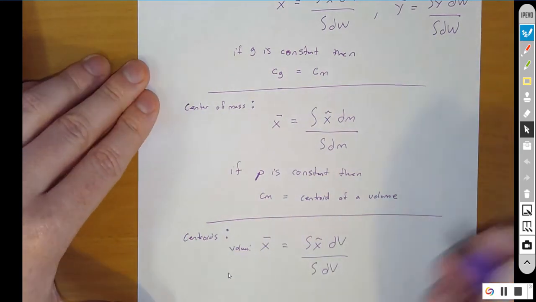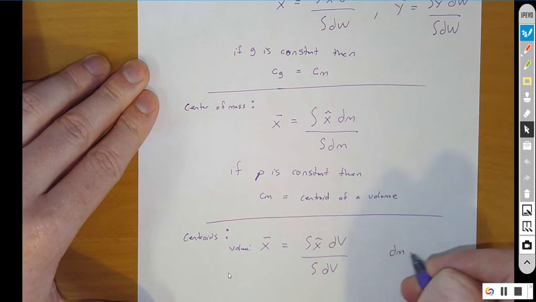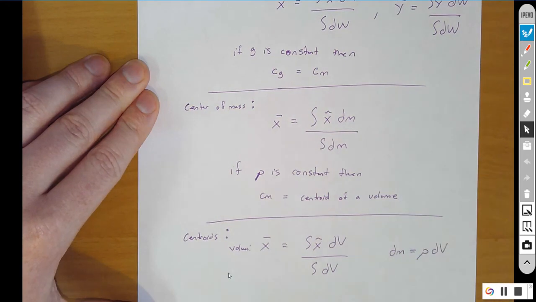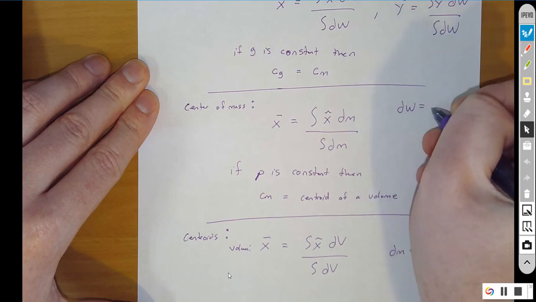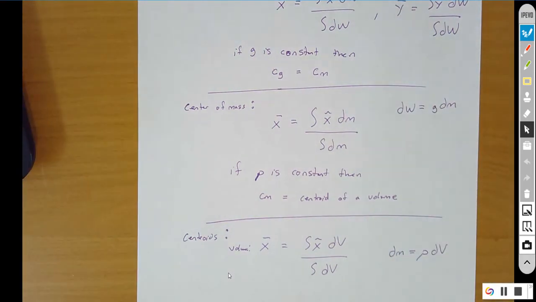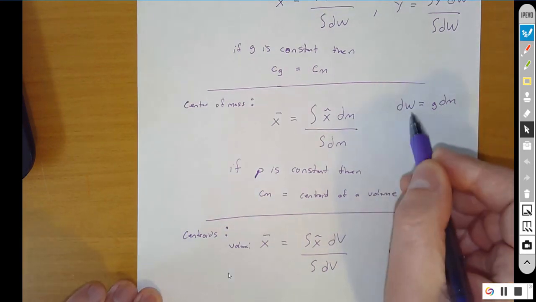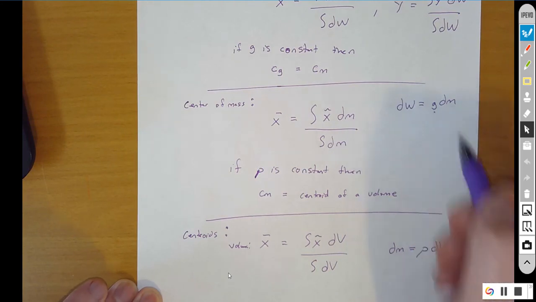Oh, and I should note that d mass is equal to rho dv, just like d weight is equal to g dm. So this strategy of taking this piece and breaking it up into something that's constant and something that's differentiable is something you're going to see throughout.